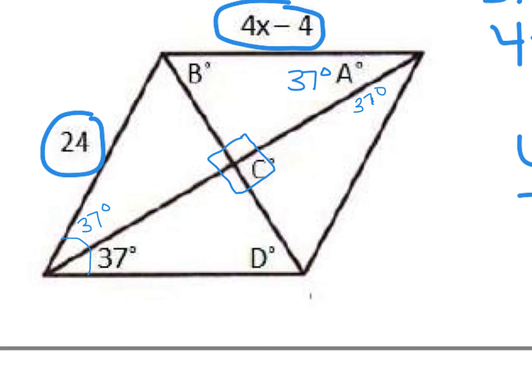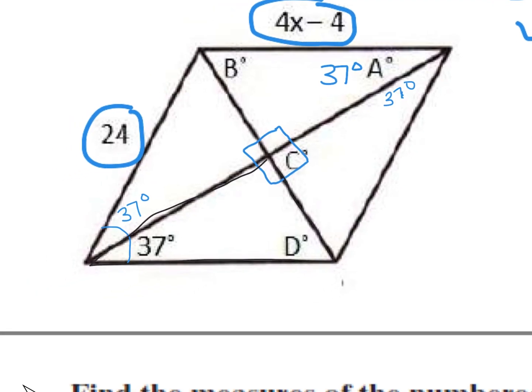So if we look right here, we know that, let me put it in a different color, sorry, if I put it in red, this is a triangle. So if I have a 90-degree angle, and I have a 37-degree angle. If I subtract those from 180, that leaves me 53 degrees for the rest of this triangle.